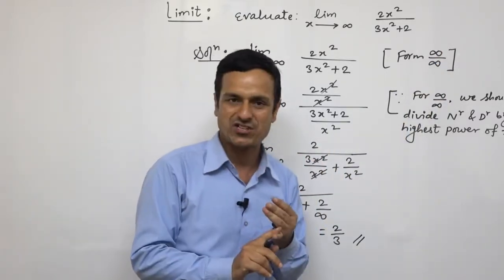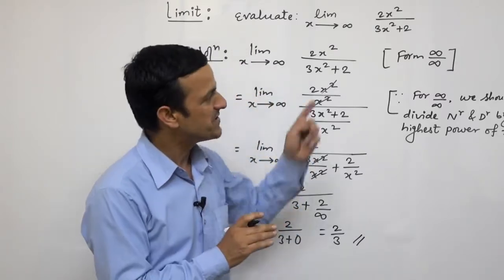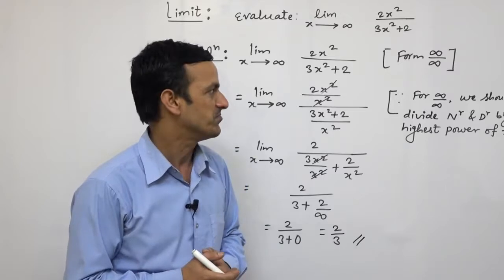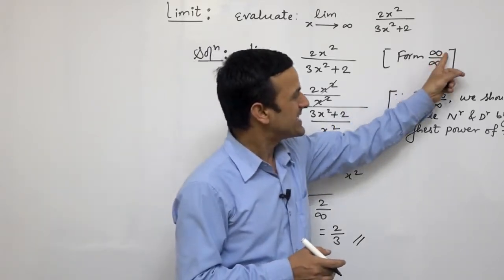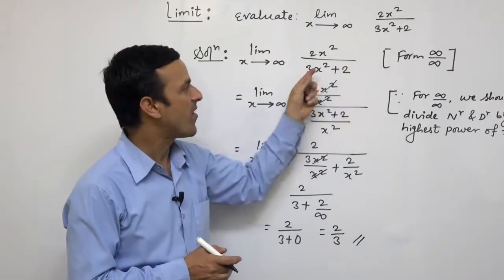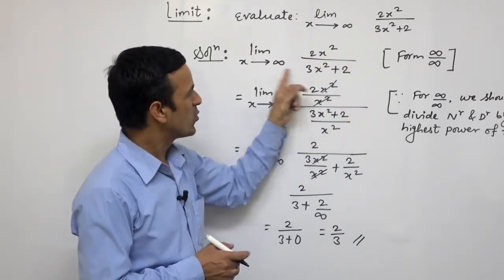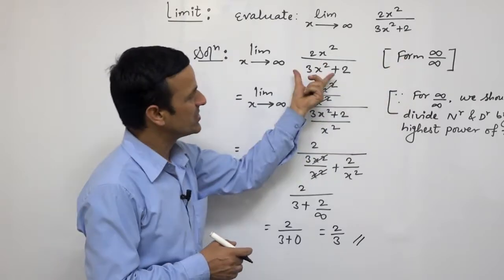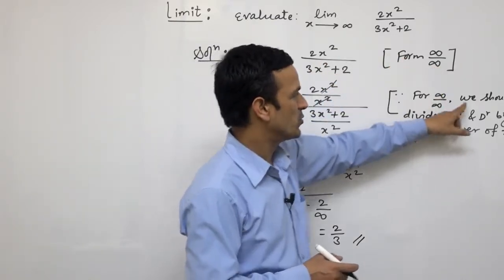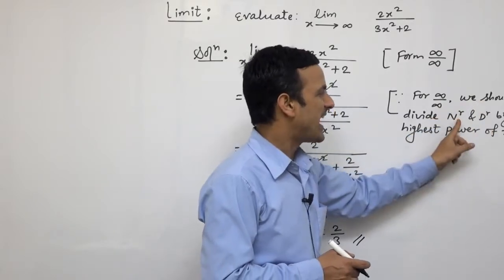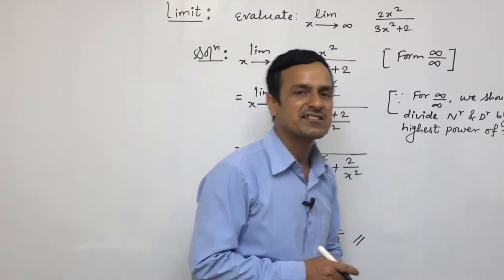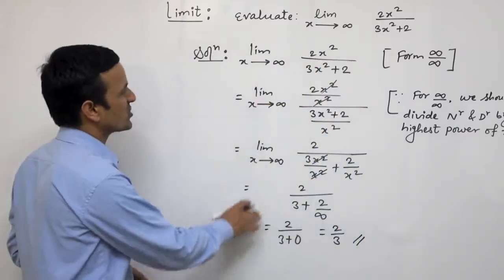One is 0 by 0, another is infinity by infinity, and the next one is infinity minus infinity. That's why for this case we have to eliminate the infinity by infinity form from this question. We can't directly put in the value. That's why we do this rule: dividing numerator and denominator by the highest power of x. So this is the solution.